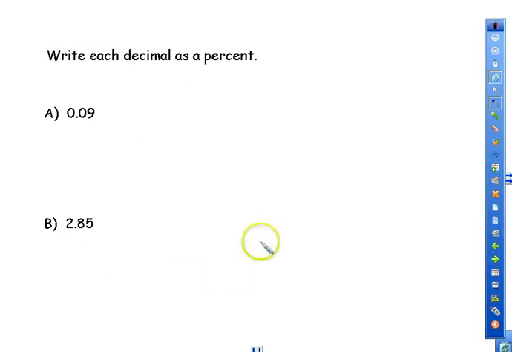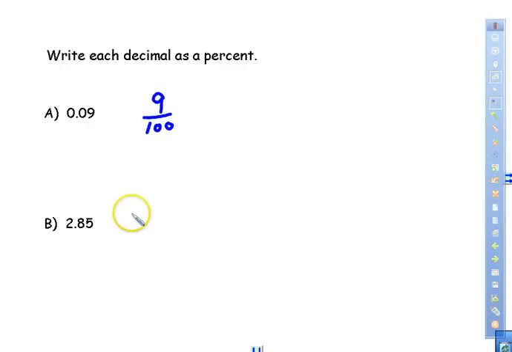Let's take a look at our next, and it says write each decimal as a percent. So go ahead and hit pause and solve this. So again, we can simply take this 9 over 100 and say, all right, since it's 9/100ths, as long as I can get it over 100, then that's the percent, 9%.